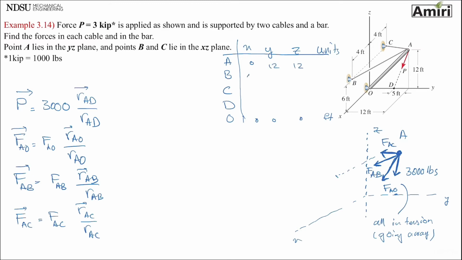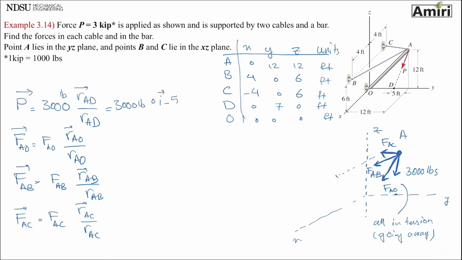B is located at 4, 0, 6. C is located at -4, 0, 6. And D is located at 0, 7, 7. All of them have units of feet. So therefore, again, I'm just going to skip it. Forgot the units there, sorry.